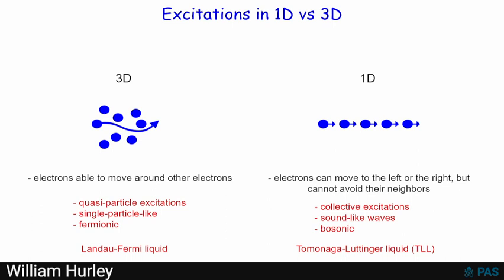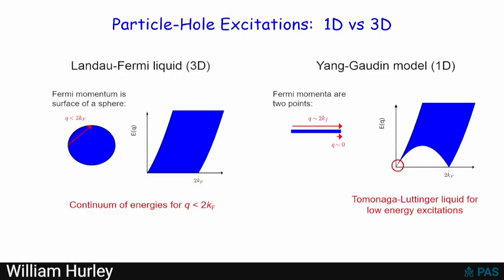So the 1D system is this Tomonaga-Luttinger liquid, which is like the bosonic Hubbard model in the sense that it's a very fundamental problem in one-dimensional physics.